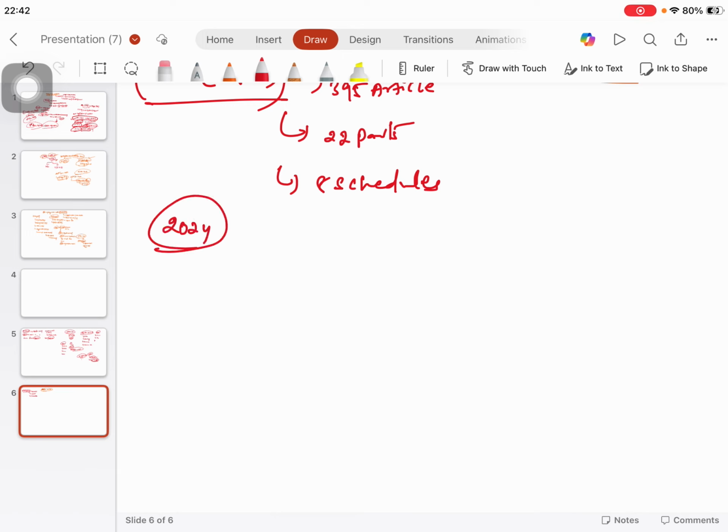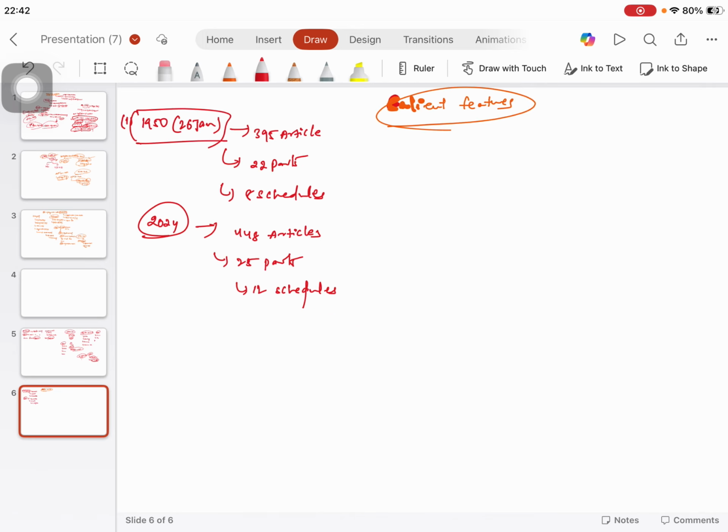Currently, as of 2024, there are 448 articles, 25 parts, 12 schedules. This is the big change, big updation. Okay.